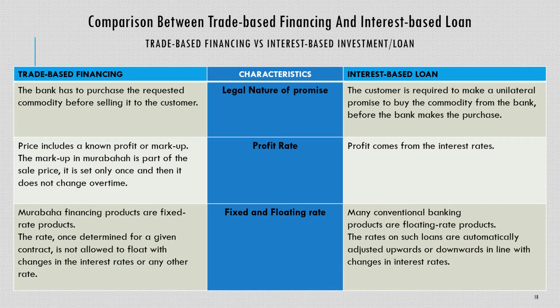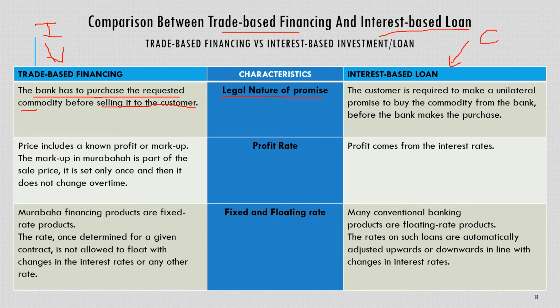Okay, usually this is the comparison between trade-based financing and interest-based loan. So interest-based loan is more for conventional, but trade-based financing is more for Islamic. So, we go into the legal nature of promise. For Islamic, the bank has to purchase the requested commodity before selling it to the customer.